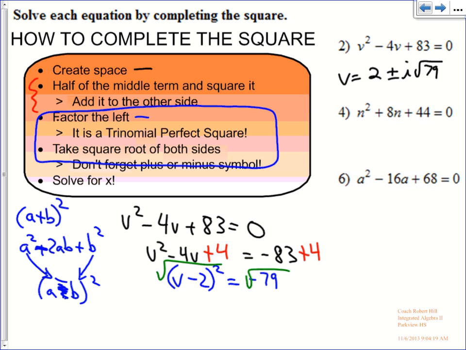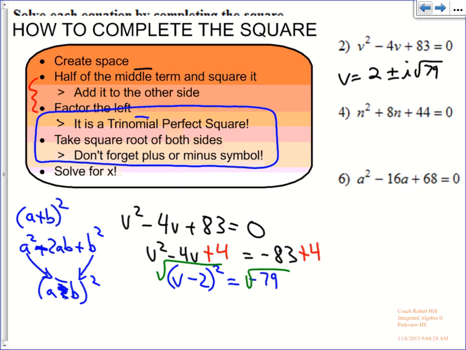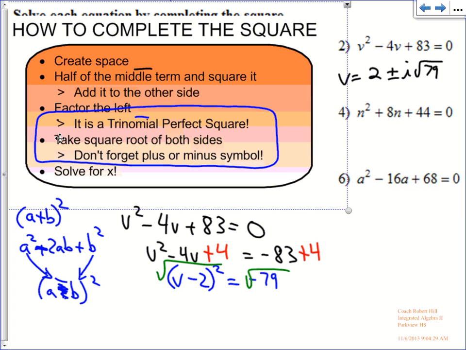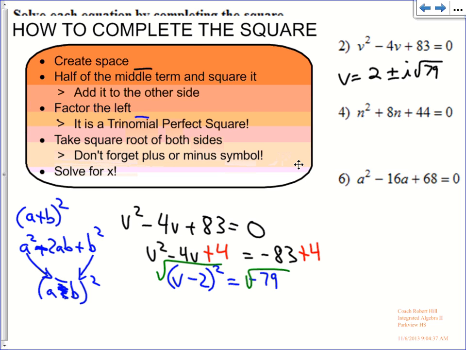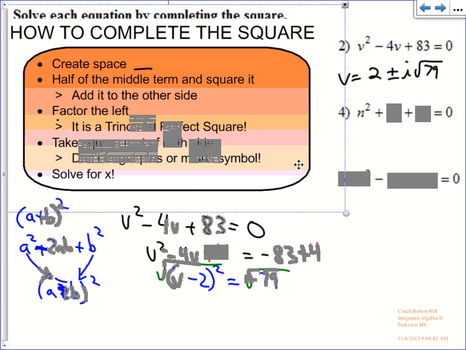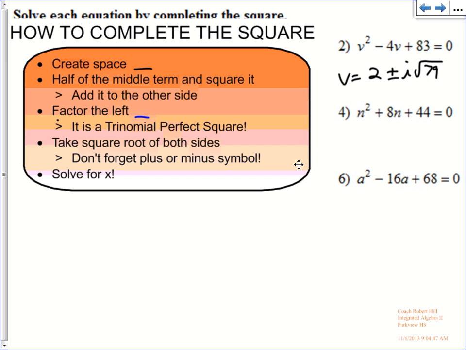All right, so let's go through this whole process again. I can go through the same thing, and I should get the same type of answer. So here we go. I start out with n squared plus 8n equals negative 44.